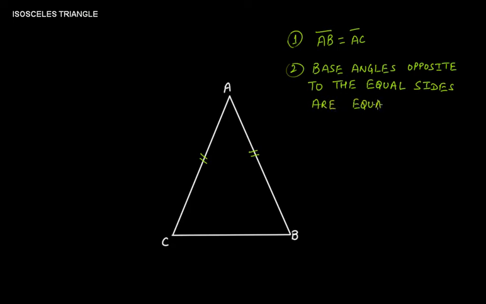It means that if this side and this side are equal, then the angle opposite to this one is this, and the angle opposite to this one is this angle. Okay, so angle C will be equal to angle B. These are the base angles opposite to the equal sides.